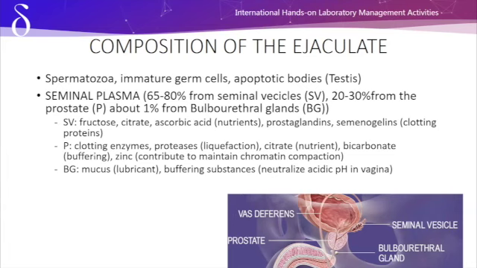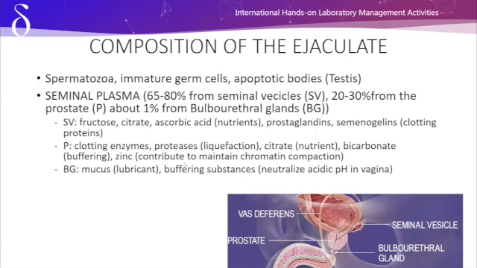Prostate produces clotting enzyme also, but also protease that are involved in what is happening after ejaculation, that is the liquefaction of the ejaculate. They also produce nutrients like citrate, but also buffering substances such as bicarbonate and zinc.